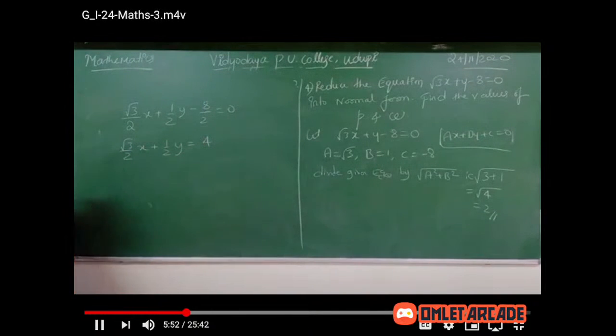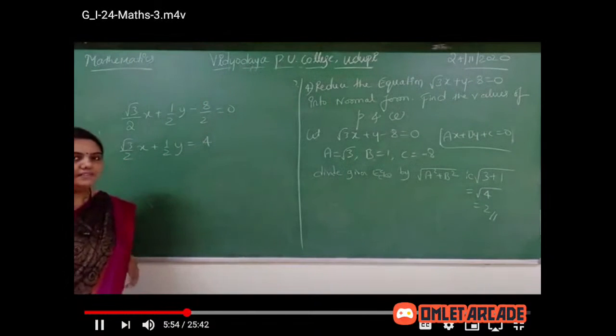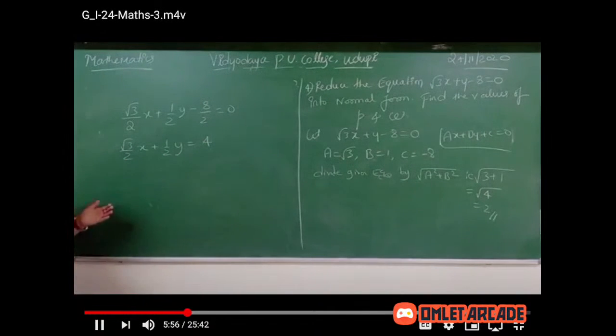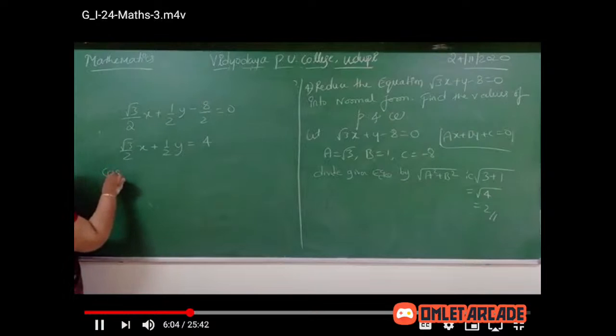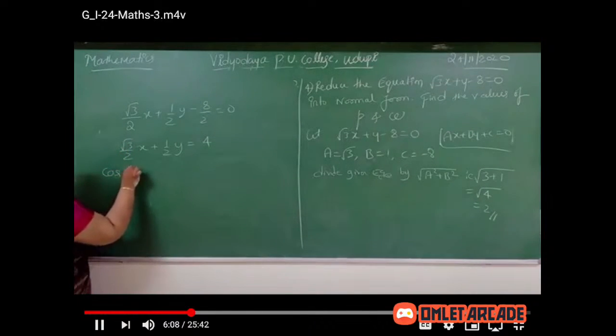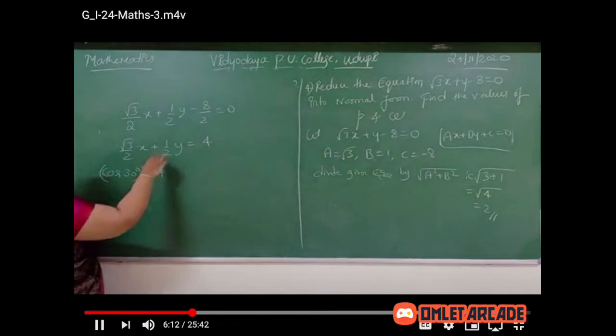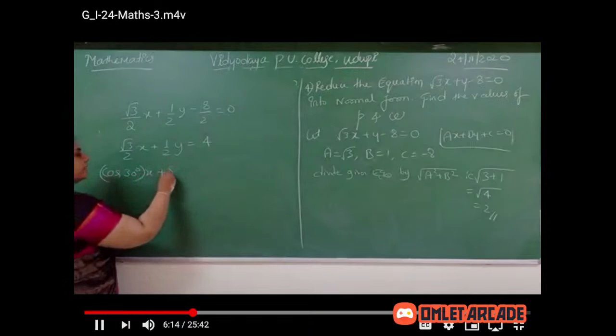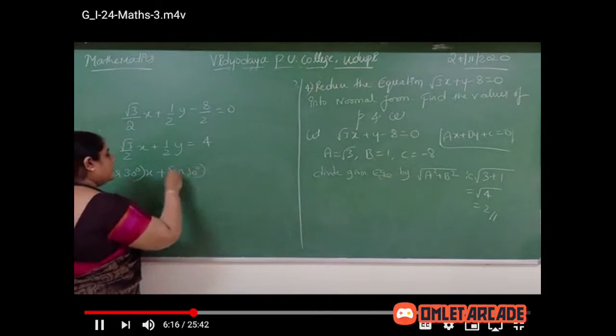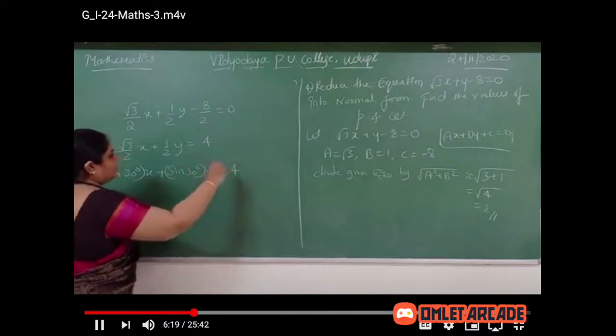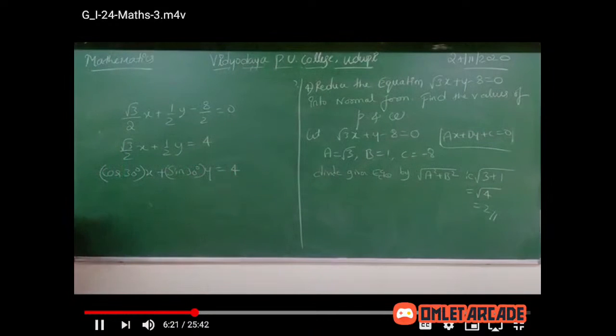Now, you have root 3 by 2 and half. Let me try to convert these two into the form of cos and sin. Can I write root 3 by 2 as cos of what angle? For 30 degrees, into x. Similarly, for what angle in sine will you get half? Sin 30 degrees into y is equal to 4.